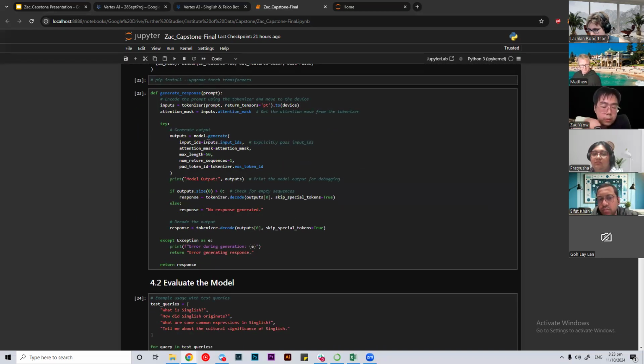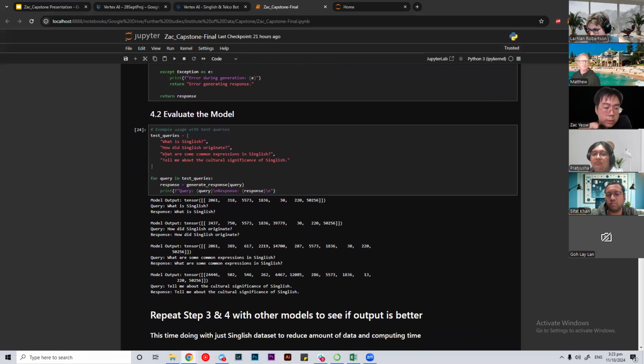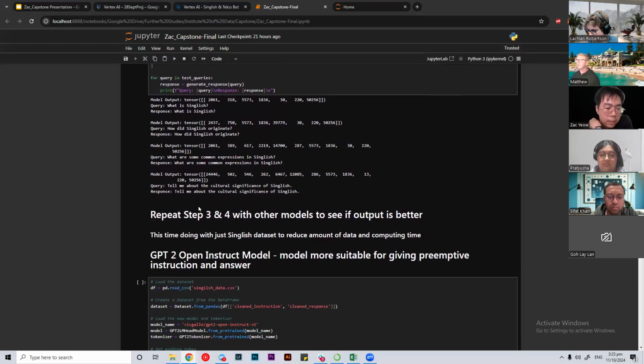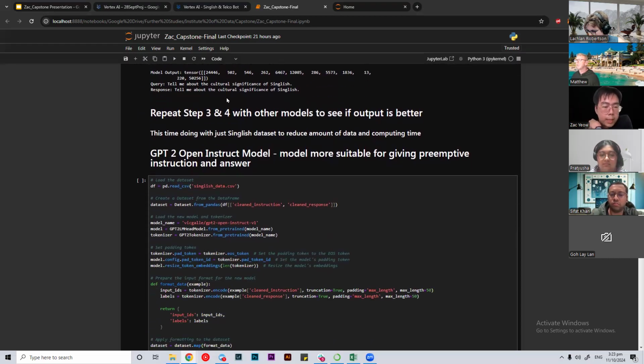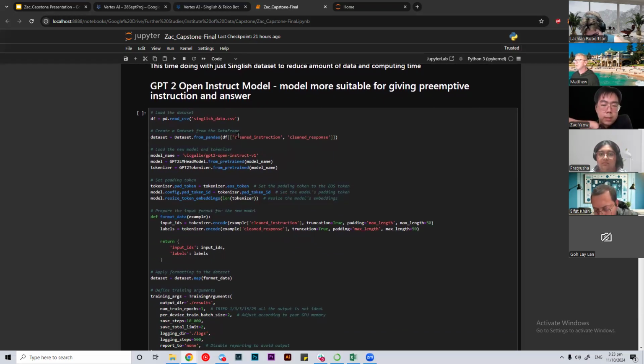So it's trying to evaluate the model, right? So I test the query, what is Singlish. This model, GPT-2, kept repeating the question back to me, so it wasn't that great of a model. So I repeat the steps for the other model as well. The open instruct model is a little bit better in terms of giving instructions and answers.